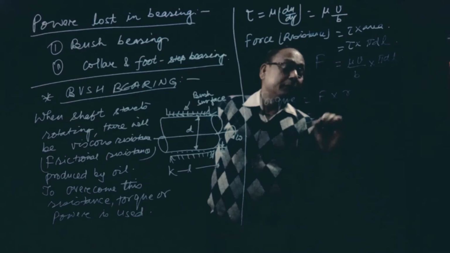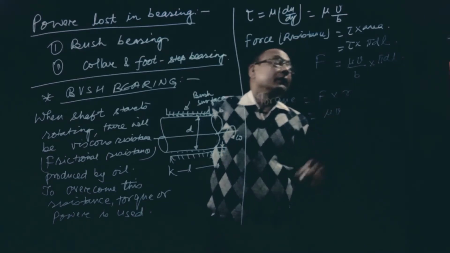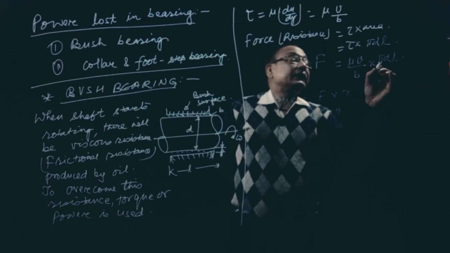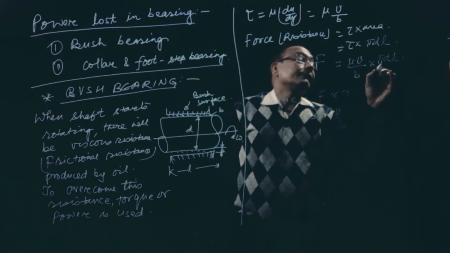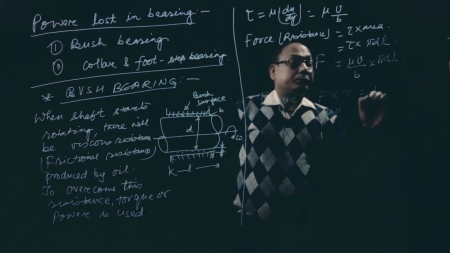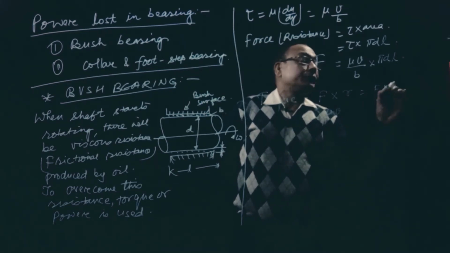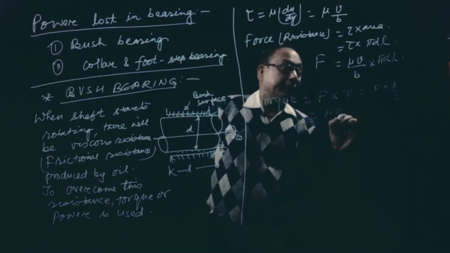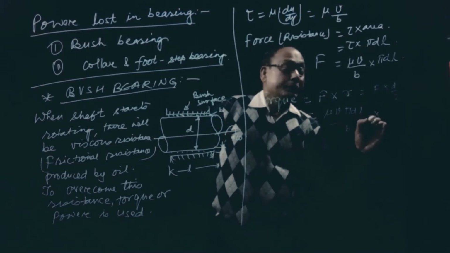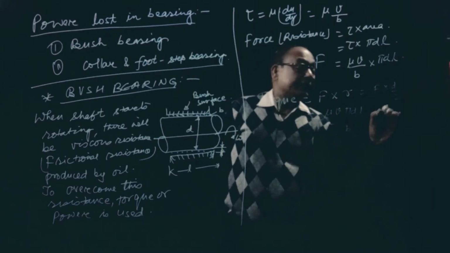So force into R, where R is equal to d by 2. So mu V into pi d L by b, into the radius, which is d by 2.